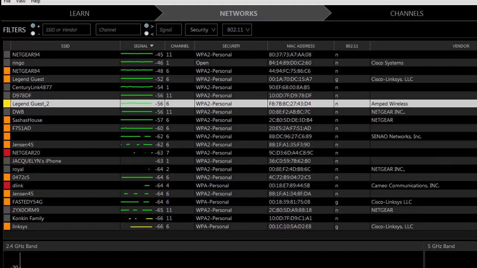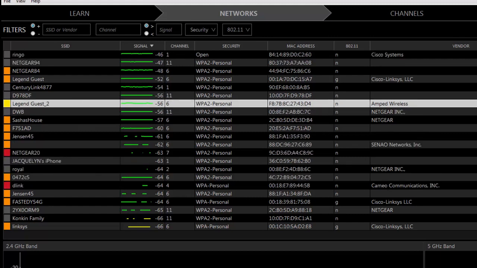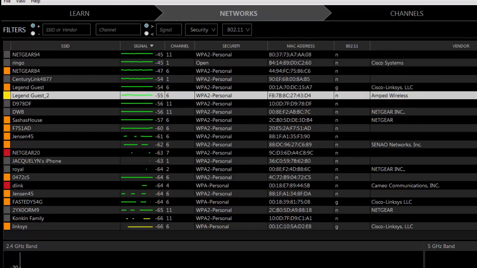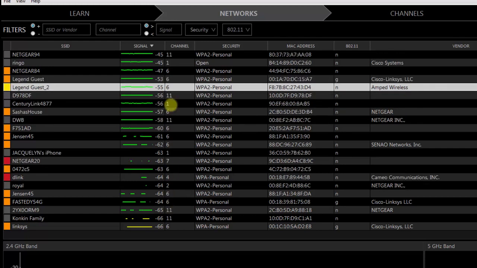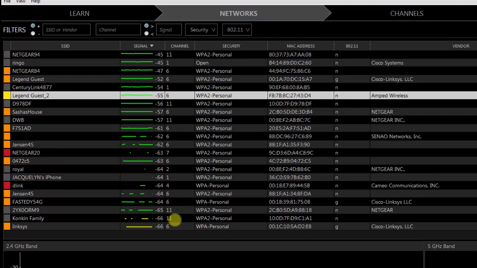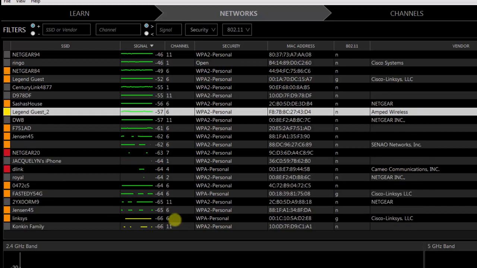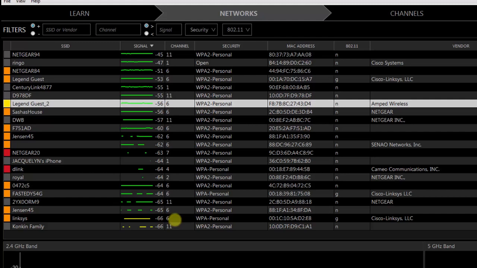You need to determine if any of these are actually in your area or on your network by walking around. This at least gives you all of the access points that are around, and then it's up to you to say, okay, these are mine, these other ones are my neighbors', and potentially here is one that somebody has just installed.